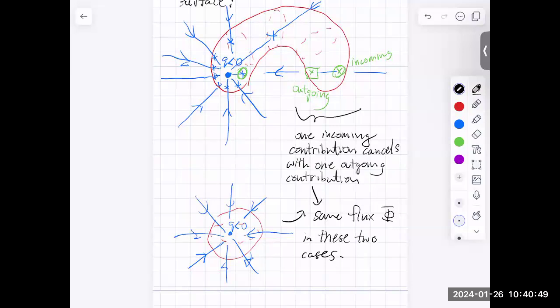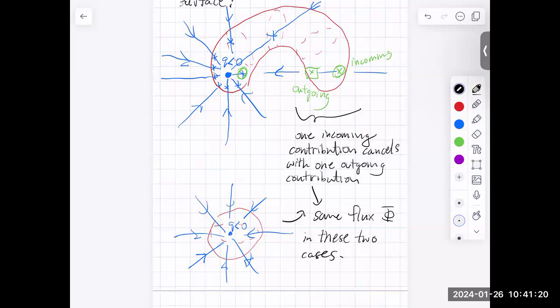So I think what we can do with all of these observations that we've made is draw a conclusion. And the conclusion we can draw is that the electric flux is proportional to the charge enclosed by our surface. So we saw that if charge is outside, so Q enclosed is 0, there's no enclosed charge, then the flux is 0.